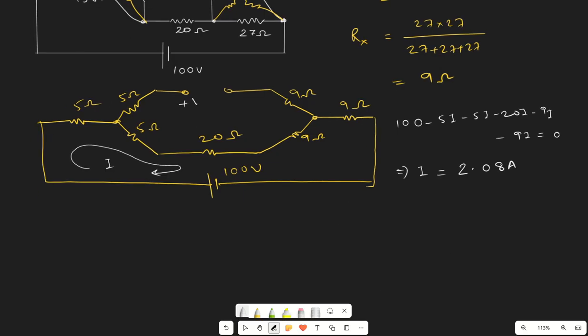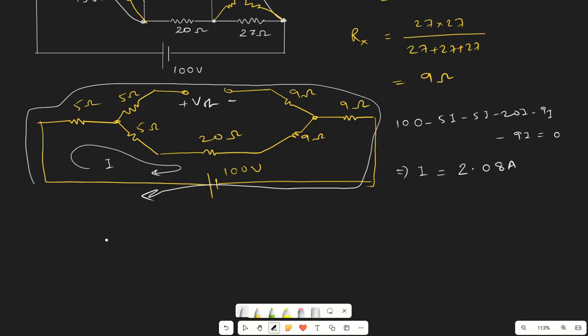Okay, now if you want to write the equation for VTH, we can directly write it considering the loop. In this loop we can consider the outer loop and then write the equation. So if we consider the outer loop, then it is 100 minus 5i.